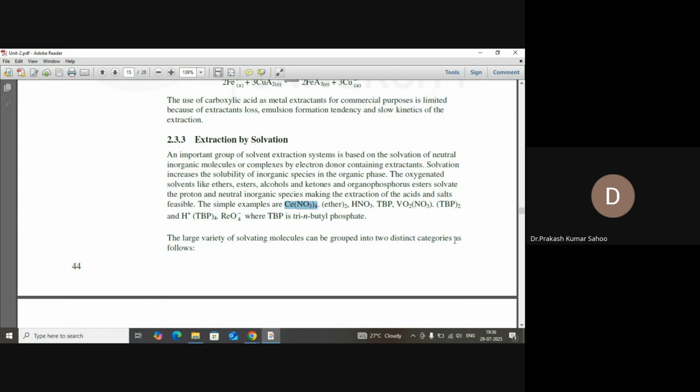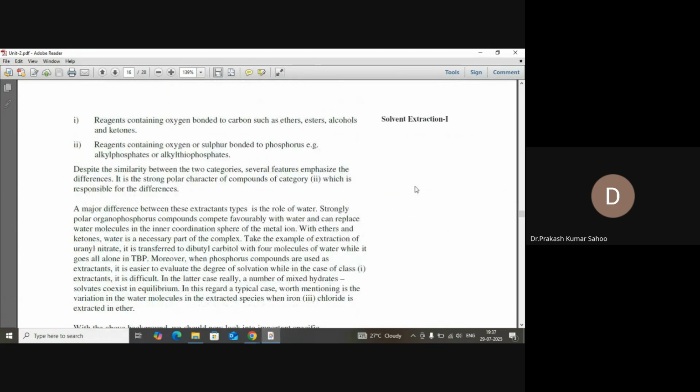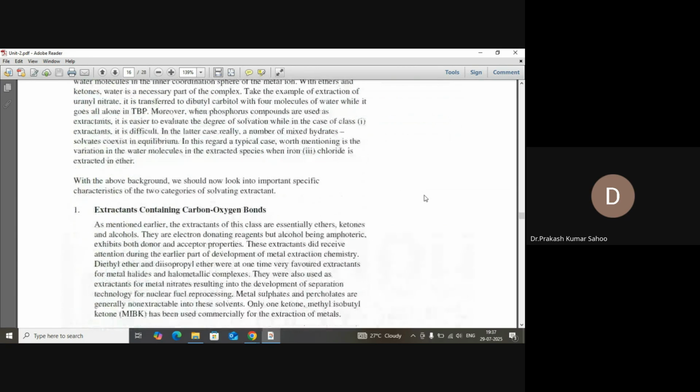So these extractants are used to extract various solutes from their mixture, and this is under your solvation process. So reagents containing oxygen bonded to carbon, ether, ester, alcohol and ketone can be used, or we may use oxygen and sulfur bonded to phosphorus, like alkyl phosphates or alkyl thiophosphates. These may be used for their separation.